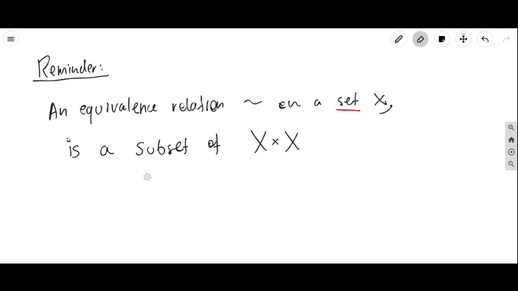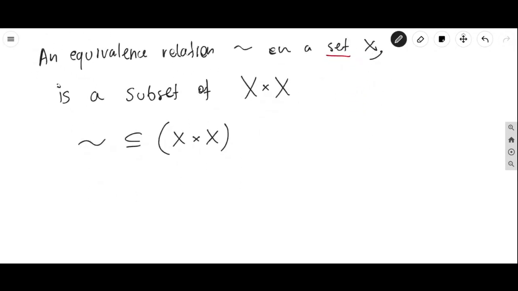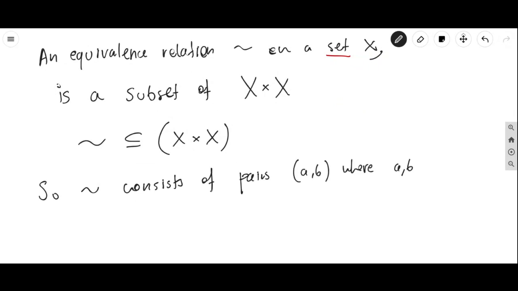So this would mean that the equivalence relation is a subset of X times X, some subset. And so tilde consists of pairs, you can say (a, b), where each of the two coordinates is an element of X. So that's what tilde consists of.